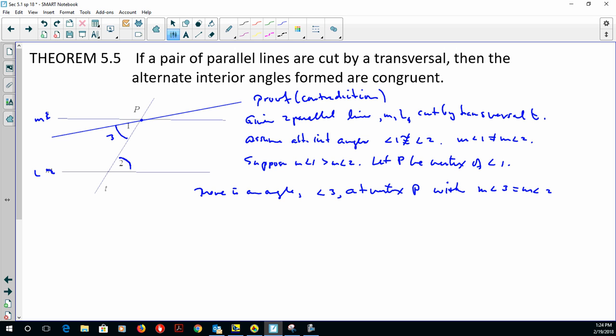Since angle 3 is congruent to angle 2, we go back to what was our Theorem 5.1.